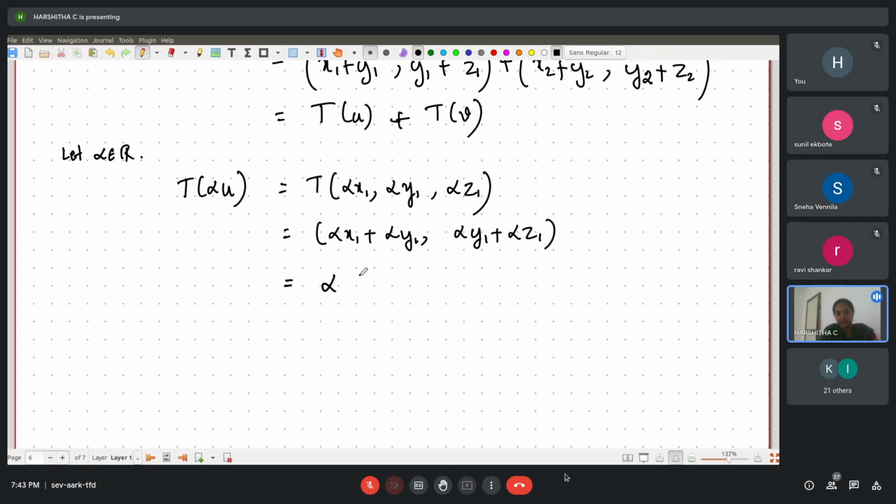So you can take alpha common. So this is what we get, and whatever is in the bracket is nothing but T of u. So T is in fact linear.